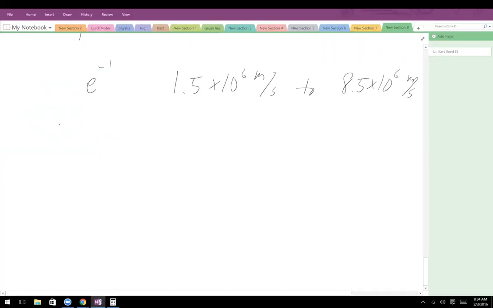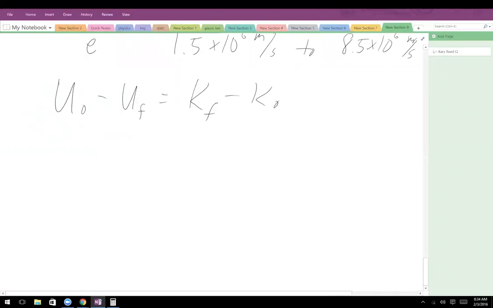So we learned last semester, initial potential minus final potential is the same as final kinetic minus initial kinetic, right? And the only thing that we're doing different now is, hey, now we know that this potential is the same thing as the charge times the potential difference. Right? So all we're going to do is find the change in kinetic and then divide it by the charge. We got it, right?